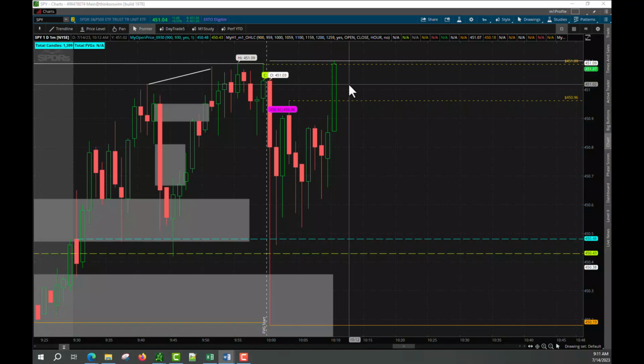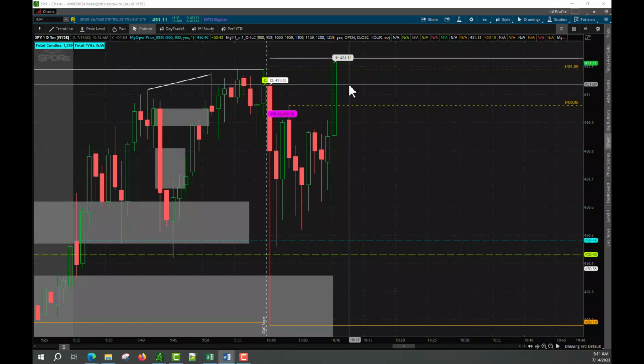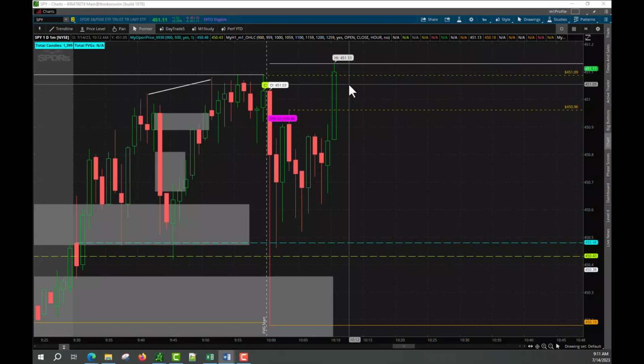So we're gonna go on a rally. Wow. That means lots of people are shorting right now. That's why it goes there and gets the liquidity. Yeah, lots of people go to short.